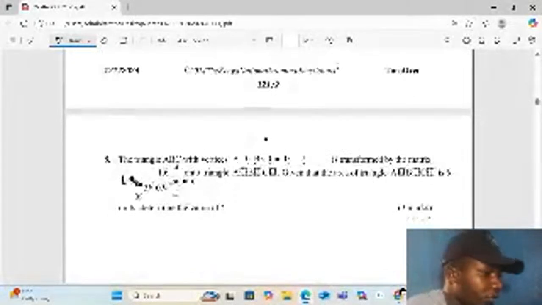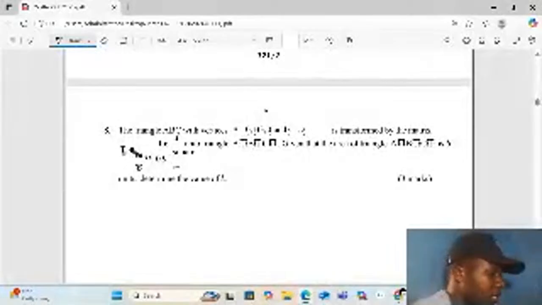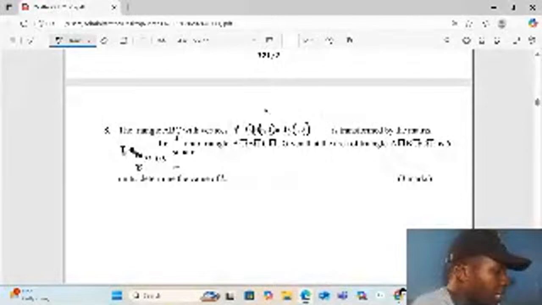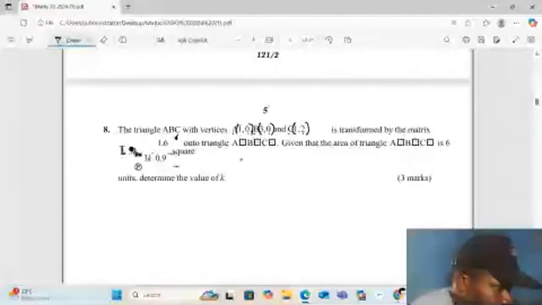The question is not seen well, but I'll correct. Now the triangle ABC with vertices A is (1, 0), B is (3, 0), and C is (1, 2) is transformed by the matrix T. Allow me to draw this matrix here.